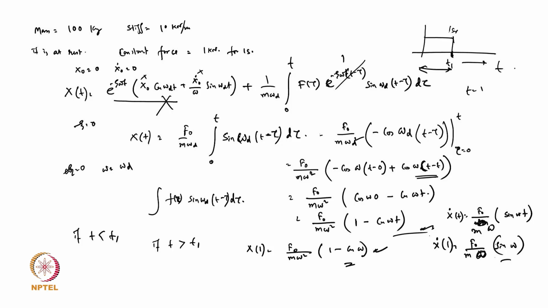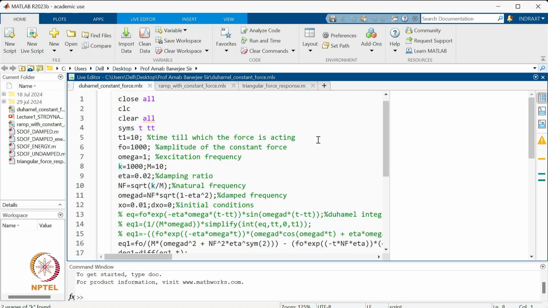And if you put in damping, maybe you will have a damping term, e to the power of minus zeta omega into t minus tau. You have to do that with integration by parts, solve it, and from there you can get the solution, not a problem. So you can see that the TAs have made the code for the Duhamel integration.